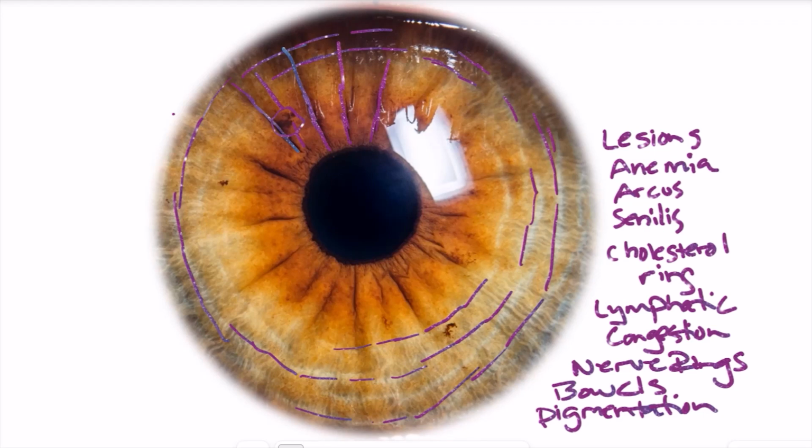Okay, and he also says when we find an abnormal sign in the brain area, we also check the opposite side of the chart. So we're going to be looking for reflex signs, diagonal lines that run from one brain zone to another area of the iris chart.